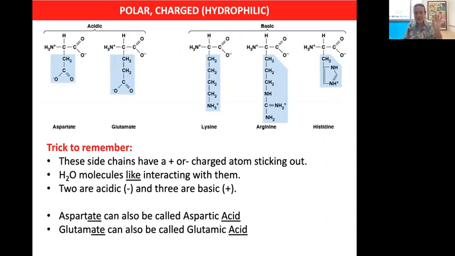Two of these are considered acidic, so aspartate and glutamate on the left because they have a negative charge. And then the other three are considered basic because they have a positive charge. Aspartate and glutamate, you can also call them aspartic acid or glutamic acid because of this fact that they are technically acidic.